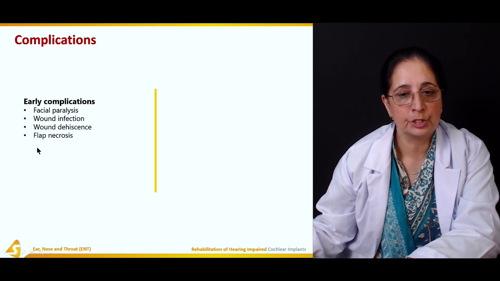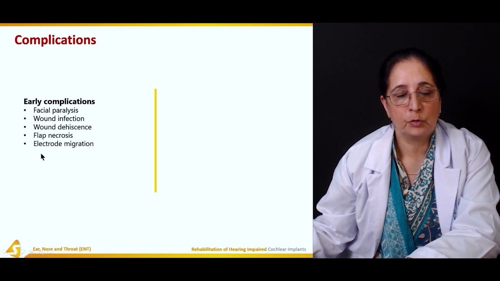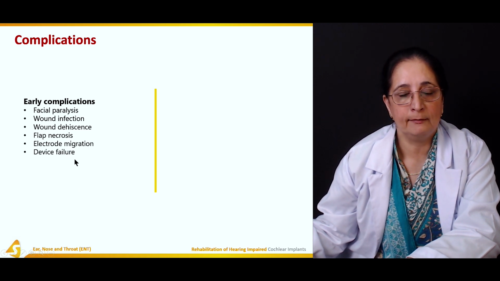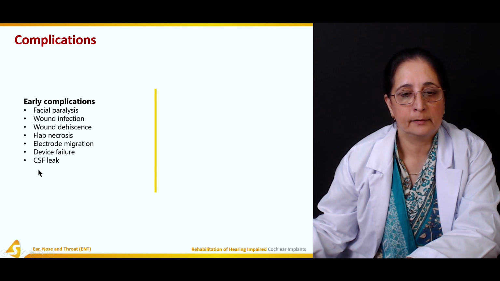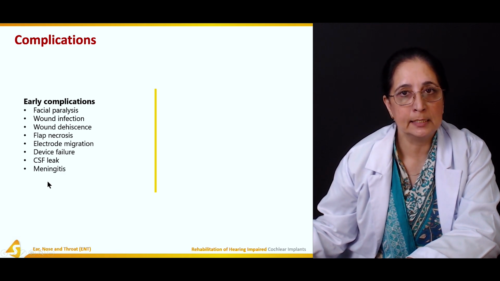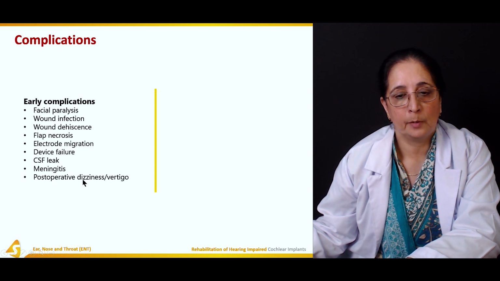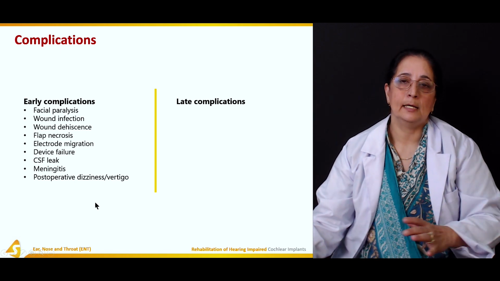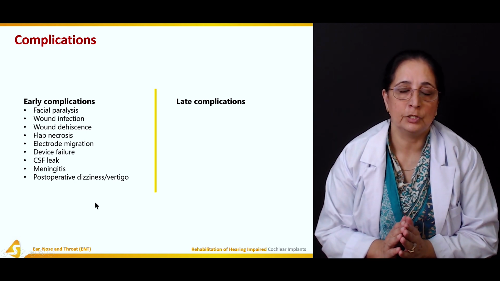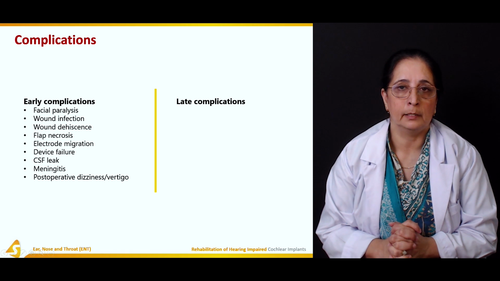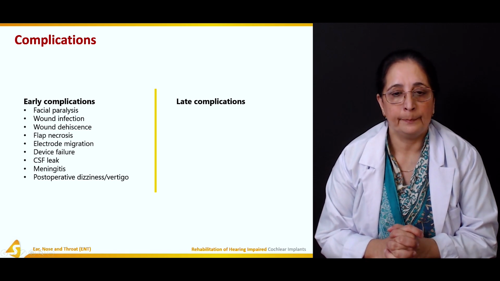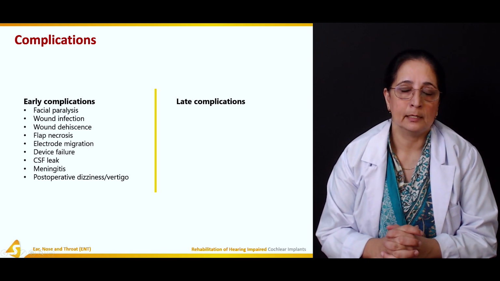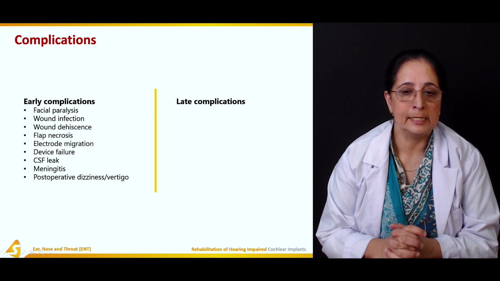Flap necrosis, electrode migration, device failure, cerebrospinal fluid leak, meningitis, post-operative dizziness, vertigo. So all these are the early complications of cochlear implants. Meningitis can occur with inflammation of the meninges.